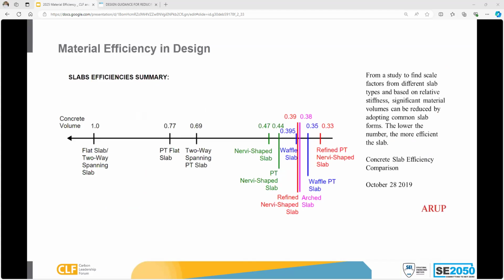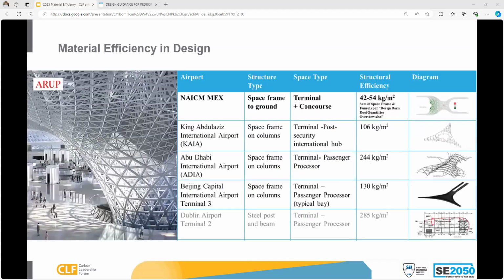Taking those concepts, we laid out a whole bunch of slabs that were designed to the same design criteria, including serviceability and fire, all of those parameters. And if you say flat slab is unity, what we found is that the most efficient system we could possibly think of would be only a third of the use, so 0.33 compared to 1. That's saving 2/3 of the material, the concrete.